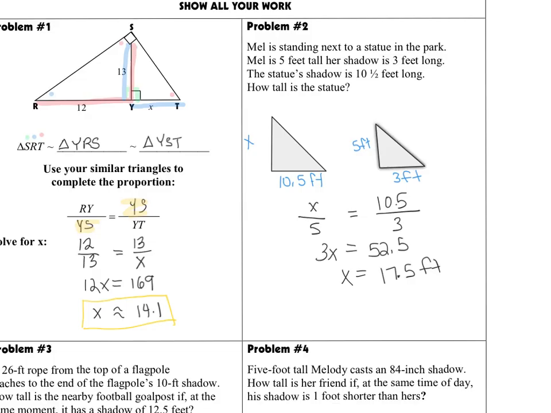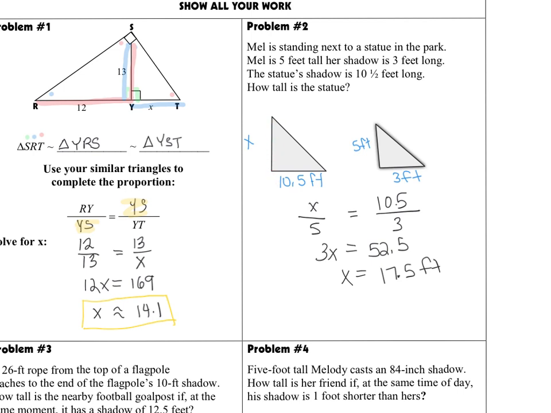In problem 2, we have Mel standing next to a statue in a park. Mel is 5 feet tall, so here's Mel 5 feet tall, and her shadow is 3 feet. The statue shadow is 10.5 feet long, that's right here, but we don't know the height of the statue.